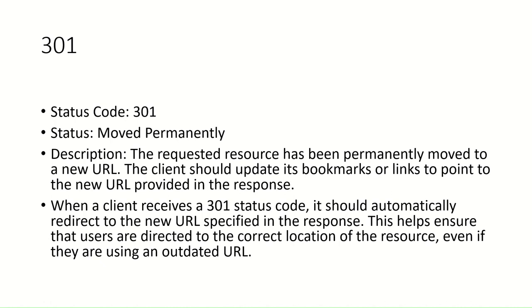The client should update its bookmark or link to point to the new URL provided in the response. When a client receives a 301 status code, it should automatically redirect to the new URL specified in the response. This helps ensure that users are redirected to the correct location of the resource, even if they are using an outdated URL. So this is what 301 means.